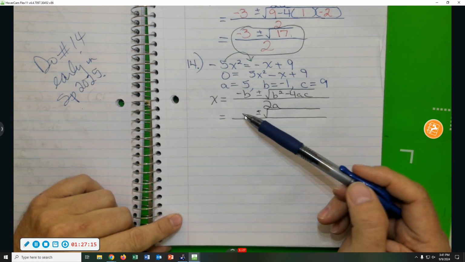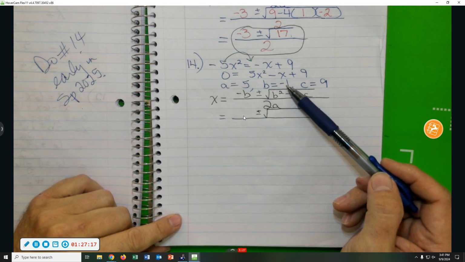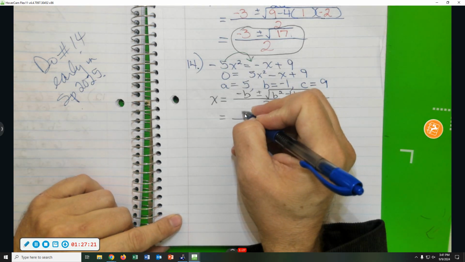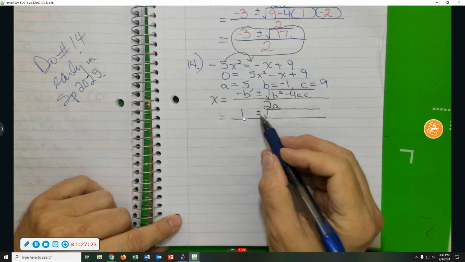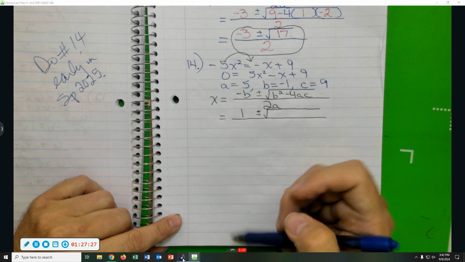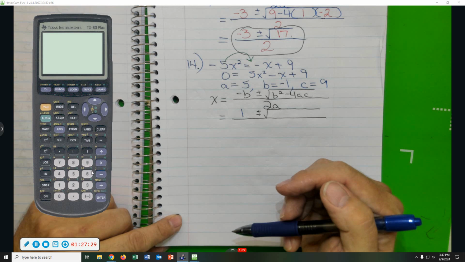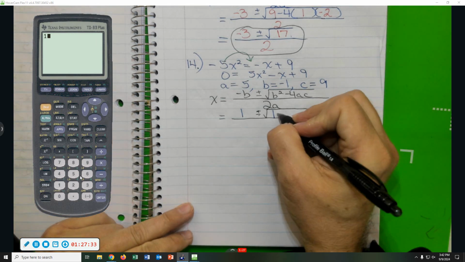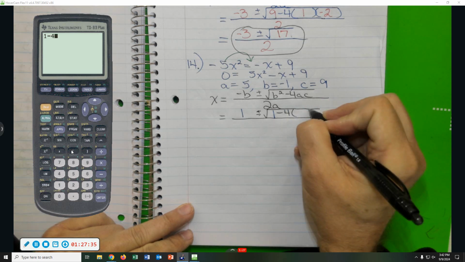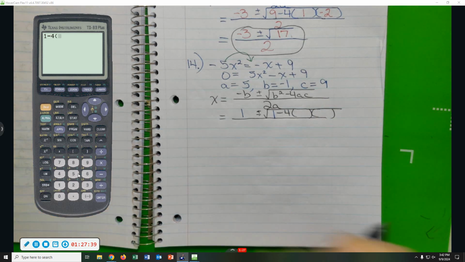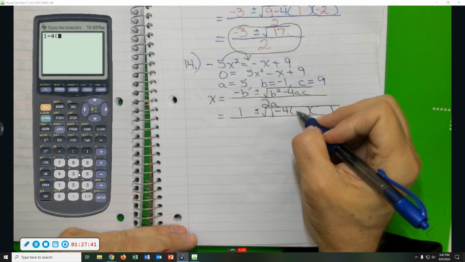Okay. Yeah. Negative B, the opposite of negative 1. What am I going to write here? A 1. A 1 plus or minus the square root of B squared. What's negative 1 times negative 1? A positive 1 minus 4 times A times C. So we have a 5.